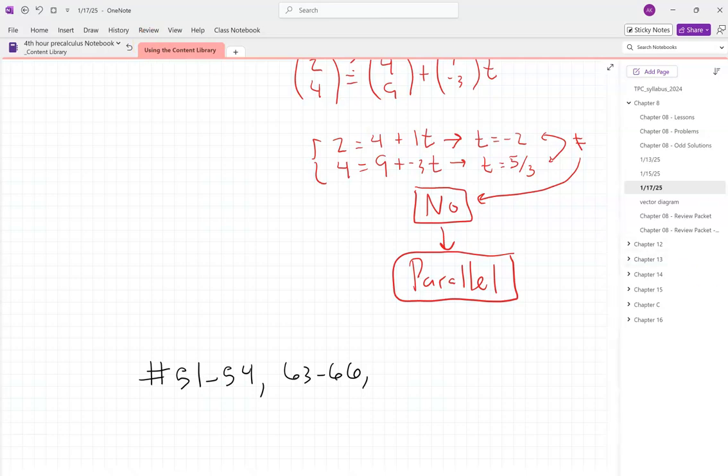And then we'll do 73 through 76. So that's not due this Sunday, but the following Sunday. What's due this Sunday would be, what was it, 15 to 50 and the Delta Math.